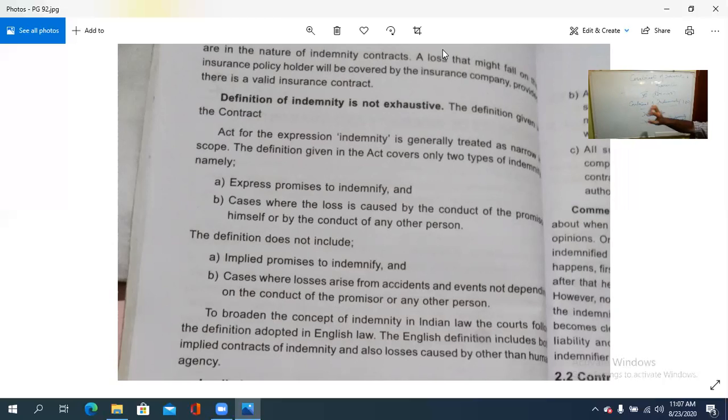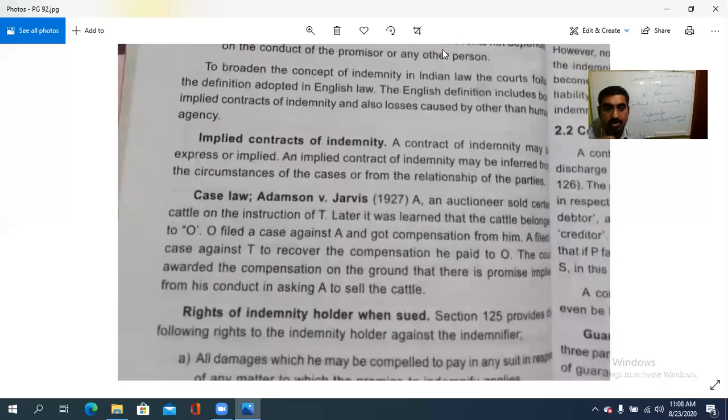Express promises to indemnify are there, and also the cases where the loss is caused by the non-performance of the promisor or any other person. But the implied promises, as well as cases of accident and the like, are not mentioned there. So that is why this definition is not exhaustive.